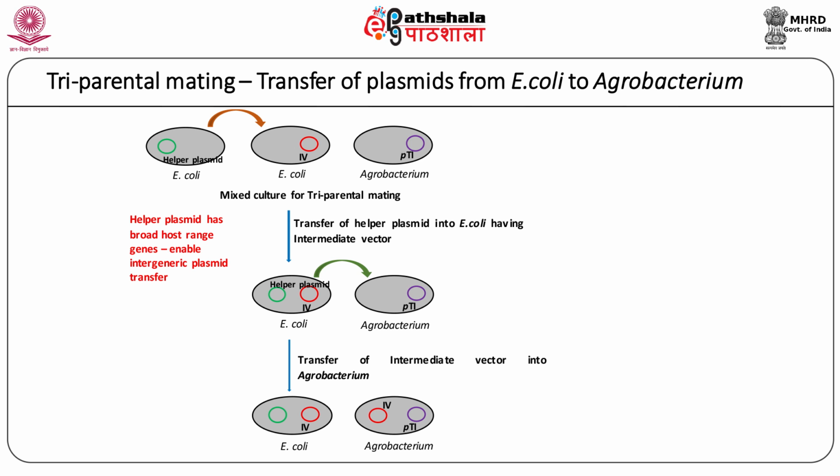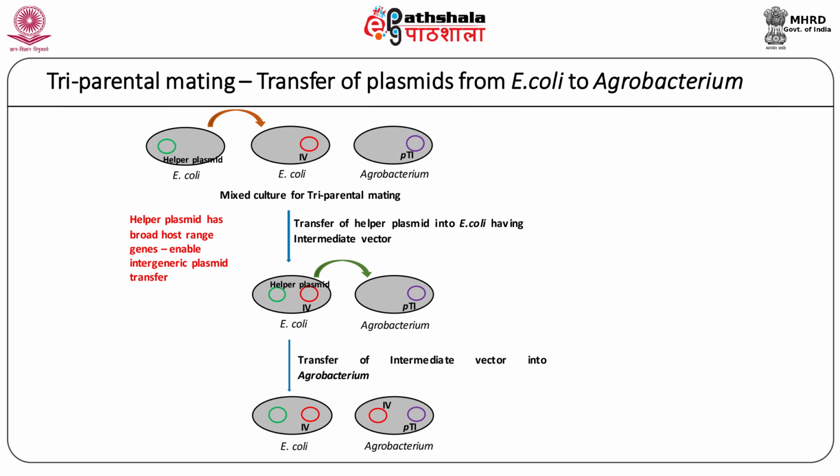An E. coli strain having a helper plasmid carrying genes for broad host range conjugal transfer is used. The three bacterial strains, that is the E. coli strain having a helper plasmid, the E. coli strain carrying the DNA insert as recombinant intermediate vector, and Agrobacterium tumefaciens carrying the disarmed plasmid, are mixed together.